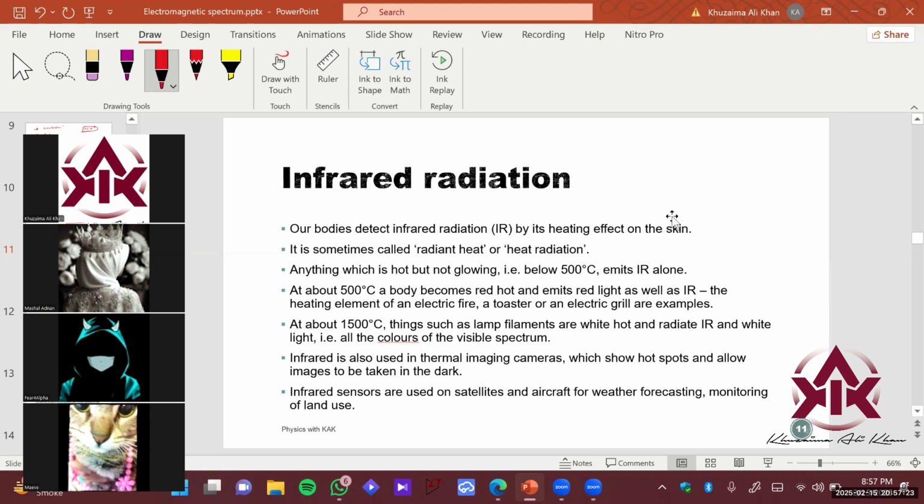Can anyone take a guess? Ashal, where do you see this infrared? You can guess. I'm not judging you.